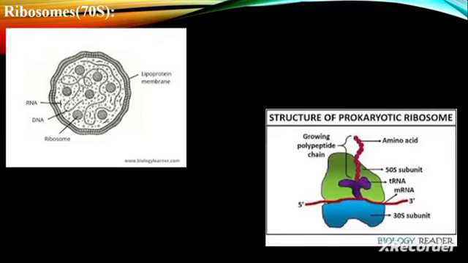Prokaryotic ribosomes are smaller and lighter than eukaryotic ones, because the prokaryotic ribosome size is 70S and the eukaryotic one is 80S.